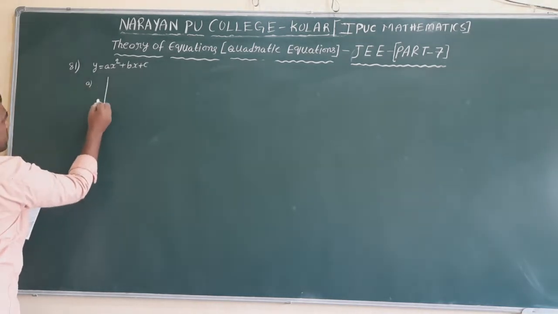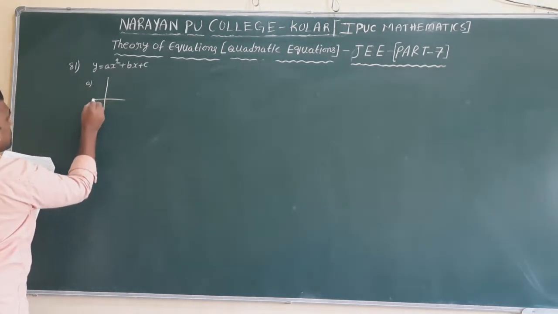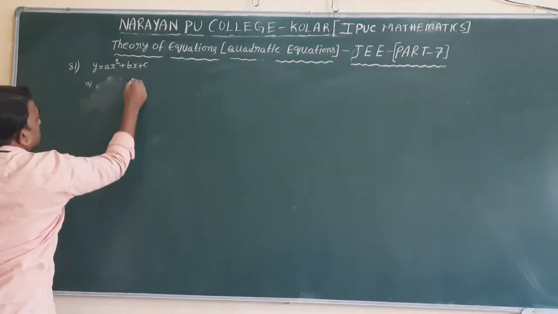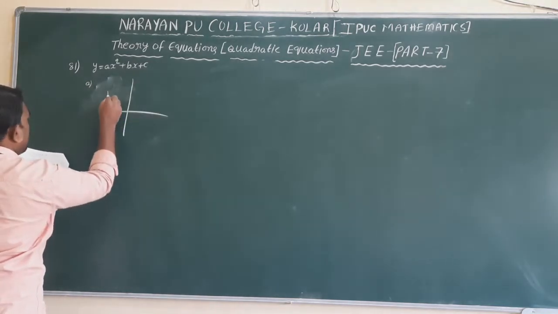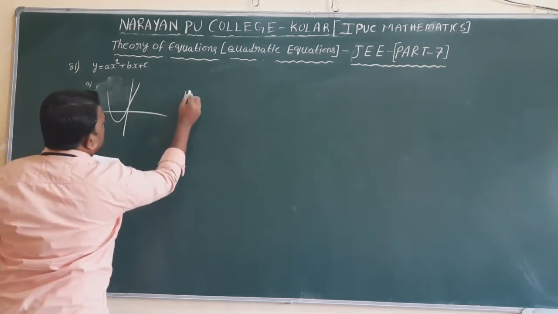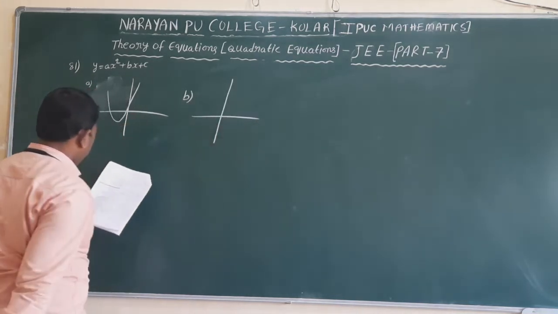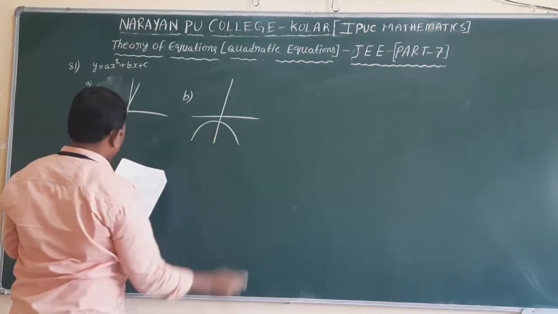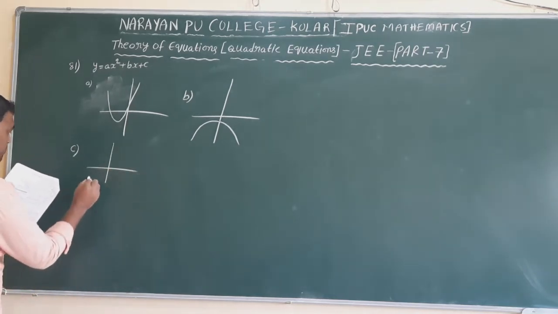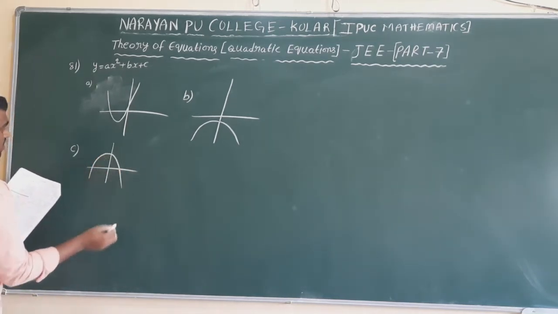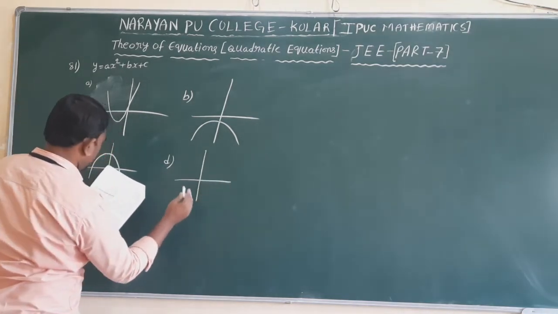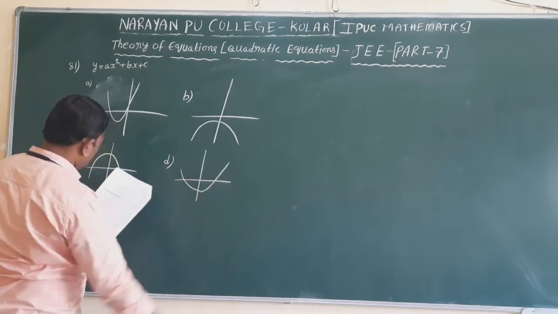The first graph is given like this, and the second one, and the third one, and the fourth one like this is given.